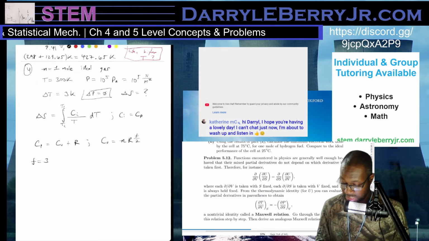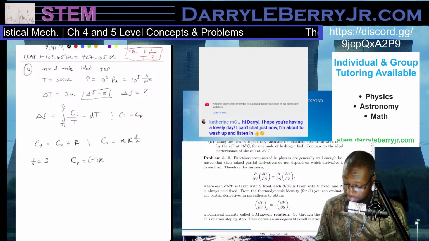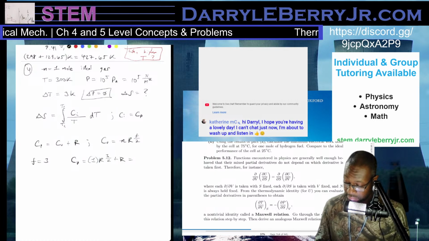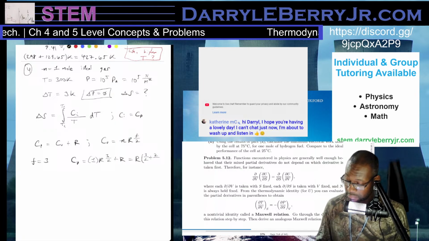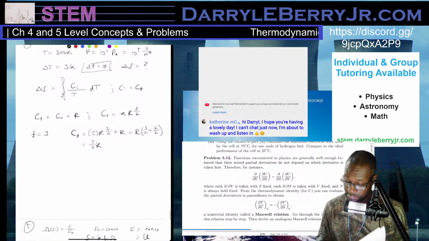So that means Cp equals R times 3 over 2 plus R, equals R times 3 over 2 plus 2 over 2. So that equals 5 over 2 R.